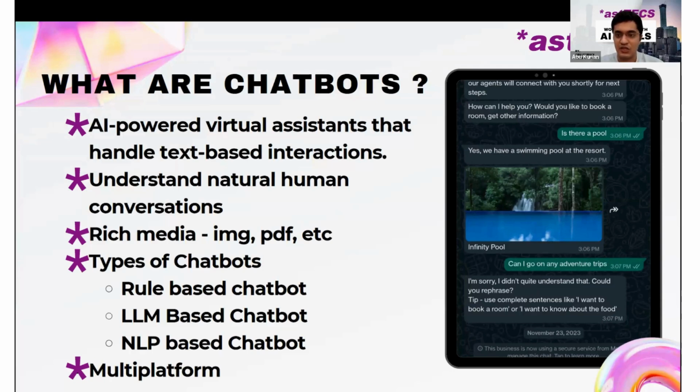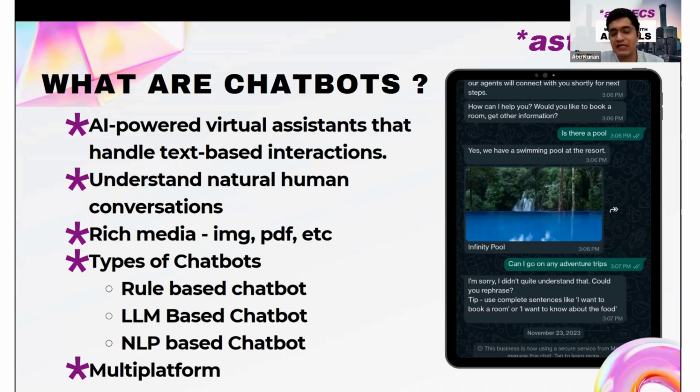So intent recognition, all those processes are there. Another advantage of chatbots is rich media. You can do images, PDFs, documents, and ask customers to share their location. Depending on the platform that you use, you can have different types of media that are allowed by the platform.